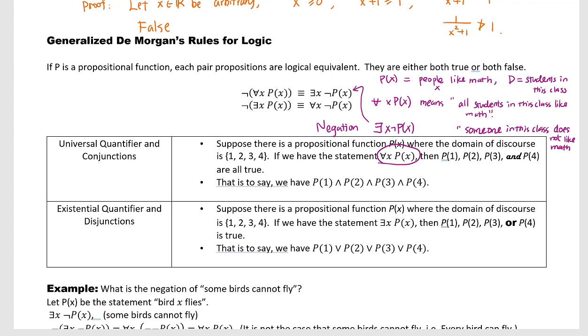It could be P of 1 is true, or P of 2, or P of 3, or P of 4. One of them being true is okay. So we have P of 1 or P of 2 or P of 3 or P of 4. So the existential quantifier is like a disjunction. So far so good, everybody?